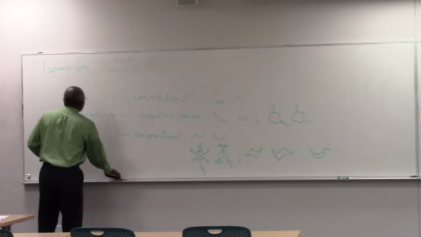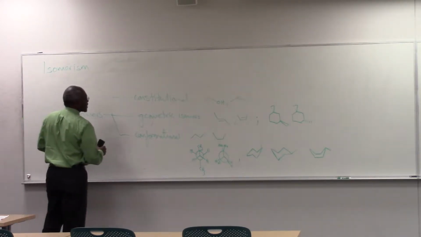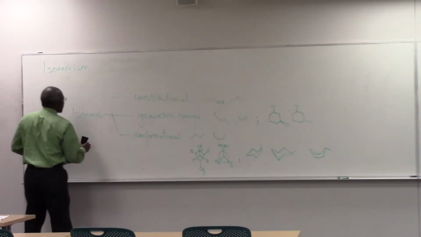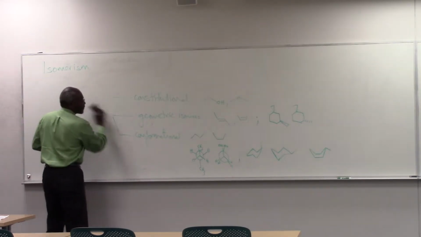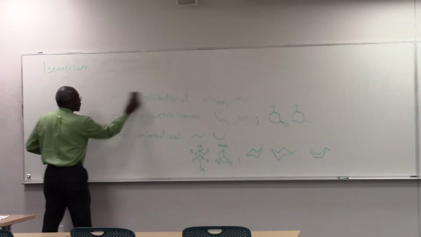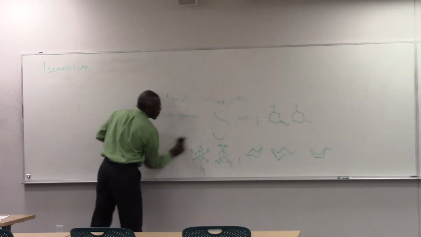To that end, what we came up with is that isomers really fall into 2 very broad classes. And I know you guys can rewind this, so I'm not going to be worried about that part too much.